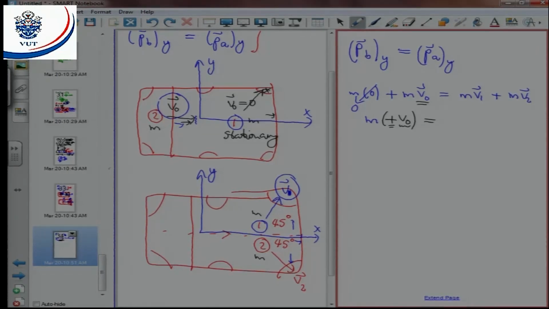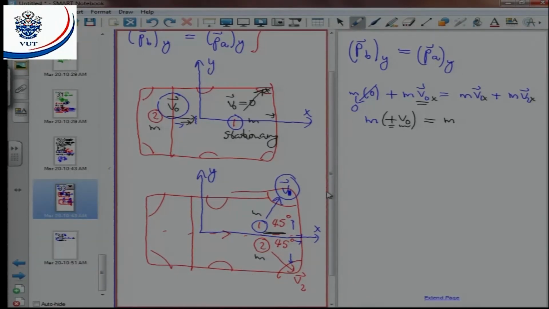This is equal to m, and remember that here we are looking at the x, so that's the x component. The x component of v1 is over here, at an angle of 45 degrees.